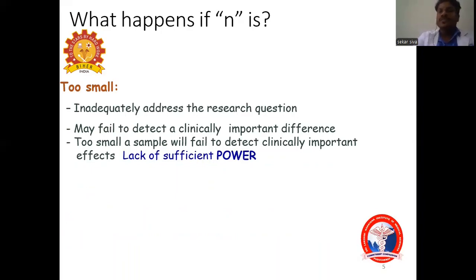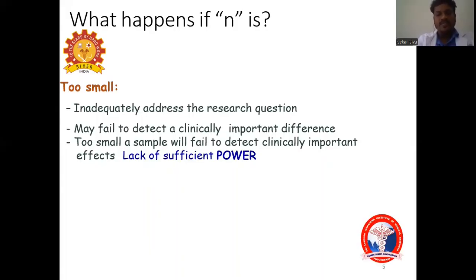If the sample size is too small, it inadequately addresses the research question. Many studies fail to detect clinically important differences. A too small sample size will fail to detect clinically important effects due to a lack of sufficient power.